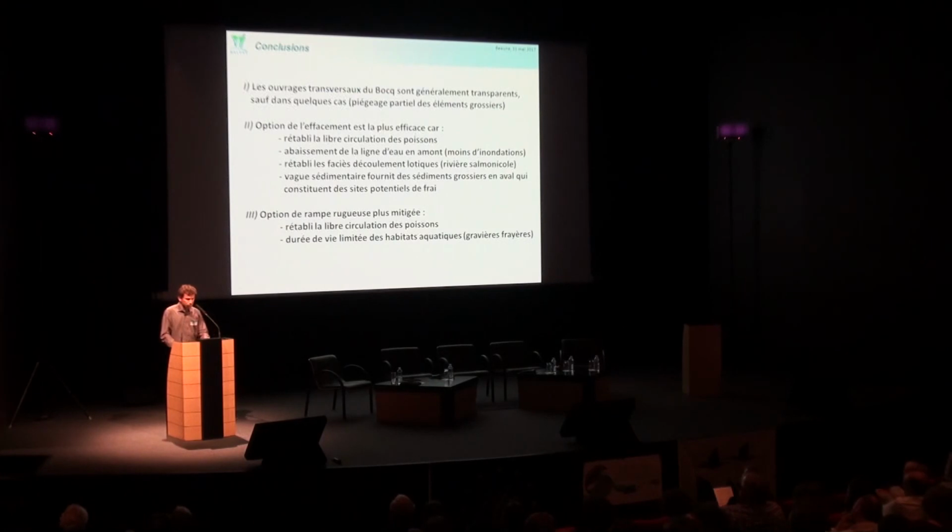So the conclusions of our assessment are that the barriers on the Bok River are generally transparent apart from a few cases. The leveling option is the most efficient. It helps in the free movement of the fishes.